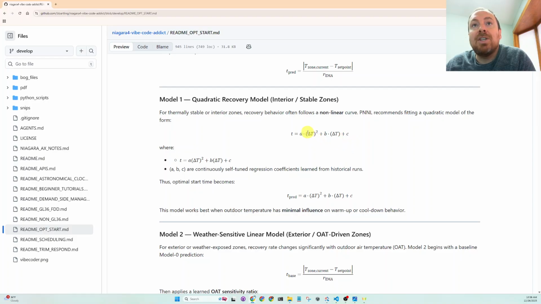The units for these parameters ultimately are degrees squared per minute, then degrees per minute, and then just minutes. When you solve for T, which we did in the other videos, we solve for each one of these parameters, which the Java code also does.